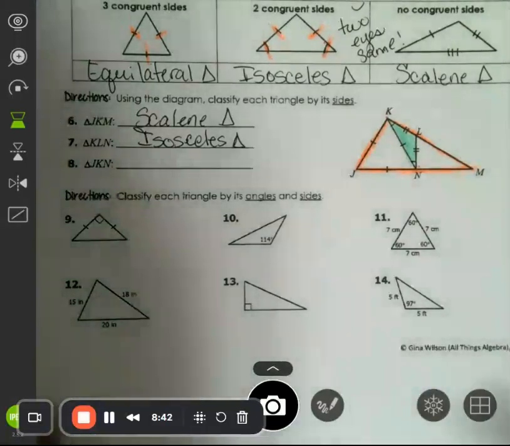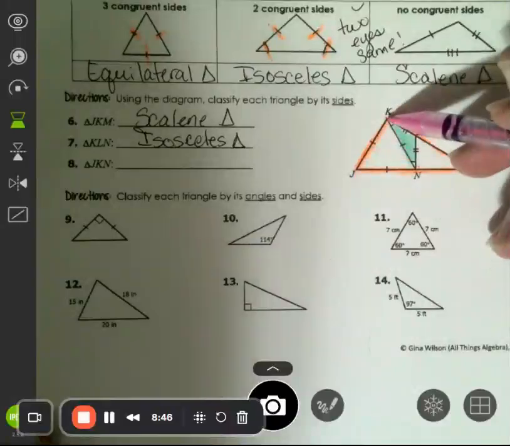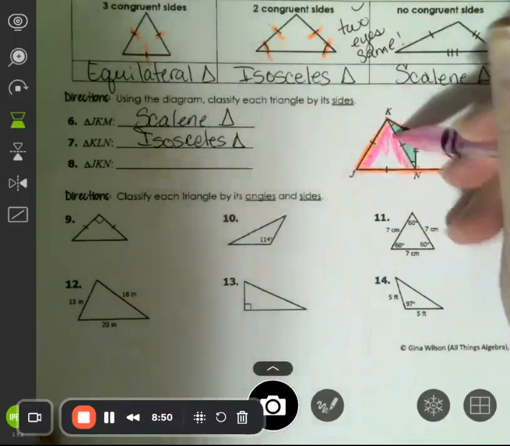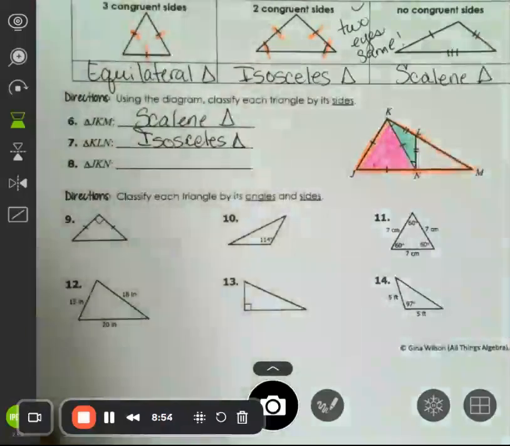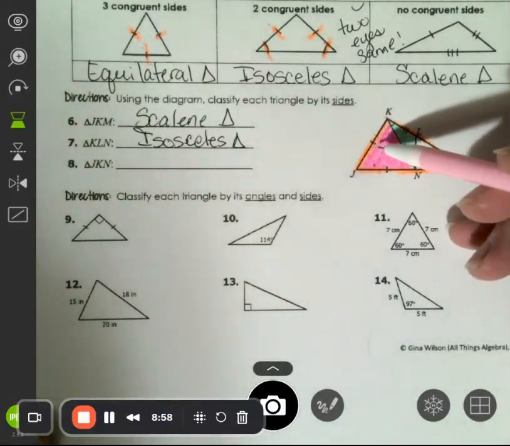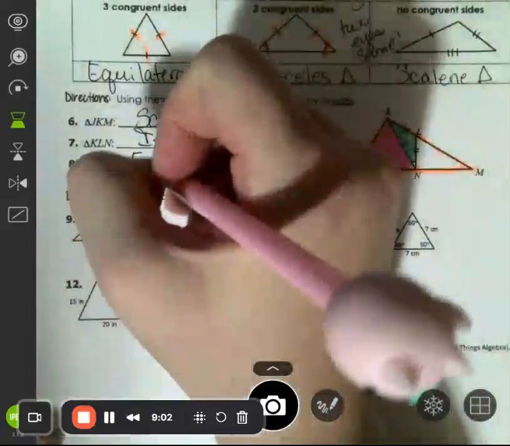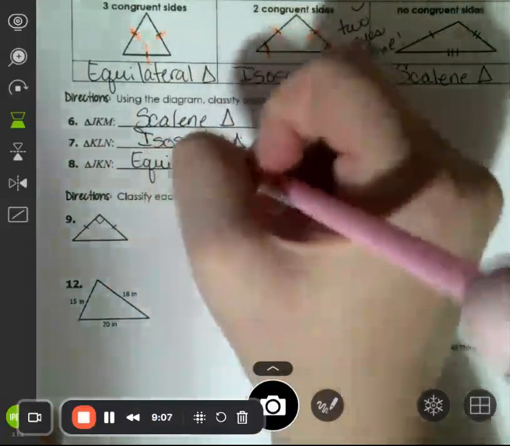Okay. Triangle JKN. J up to K, down to N. It's this triangle right here, this pink triangle, and you'll see by its notations that all three sides are the same, making it an equilateral triangle.